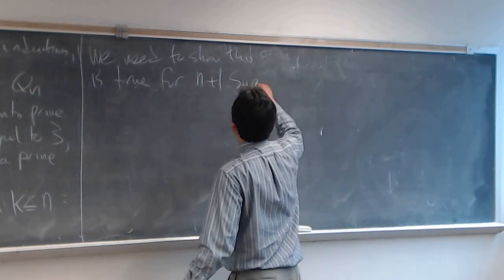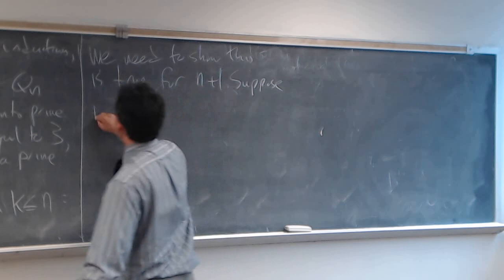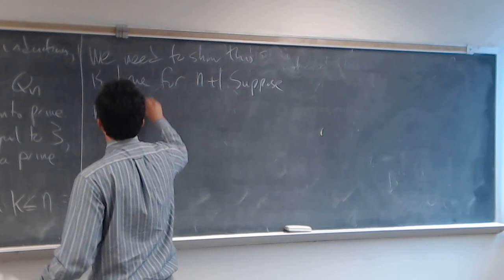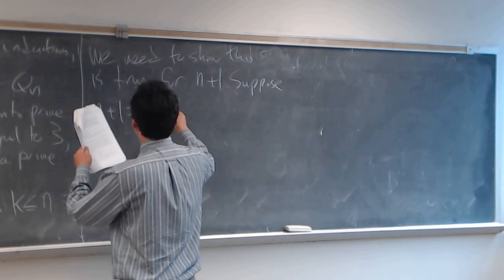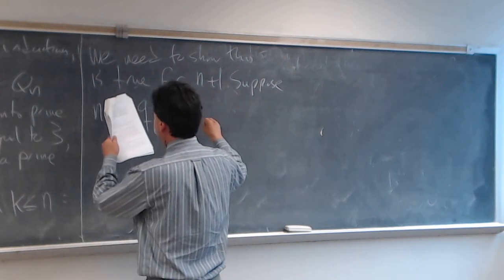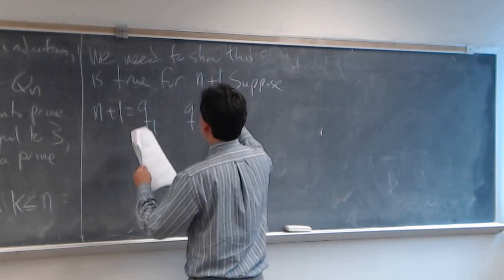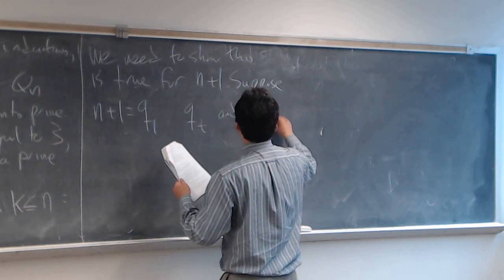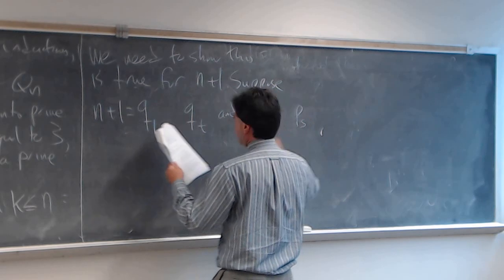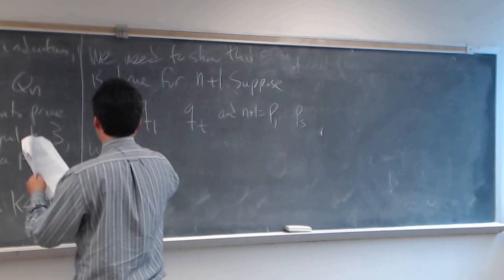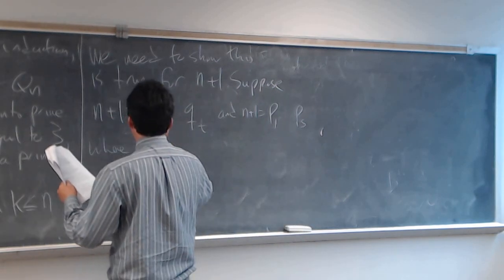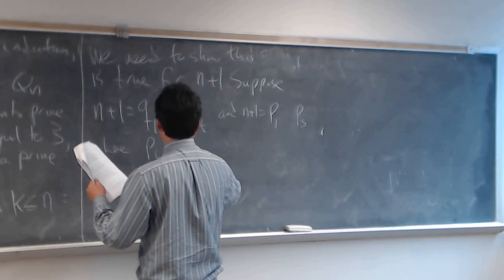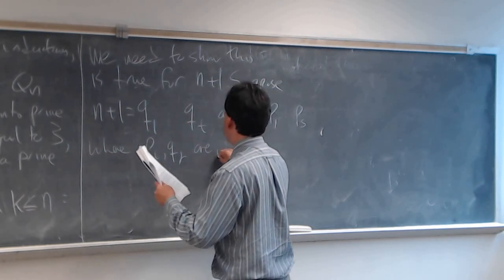So suppose n plus 1 equals q1 up to qt, and it's also p1 up to ps, where the pi and qj are primes.